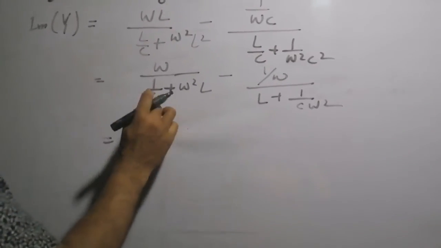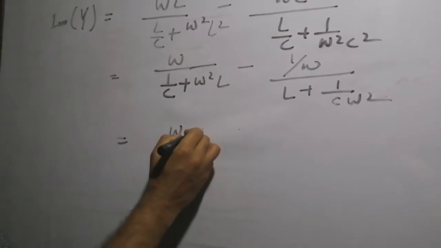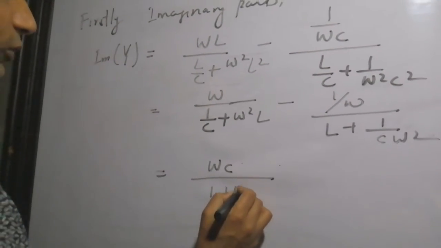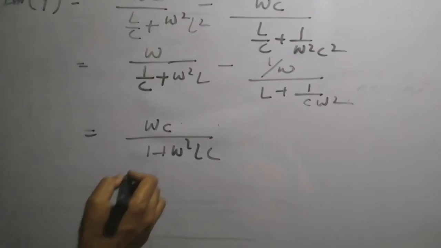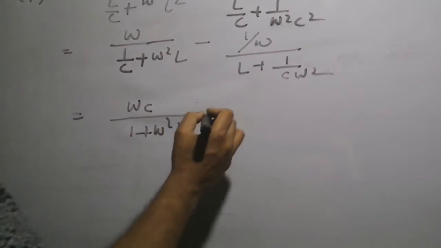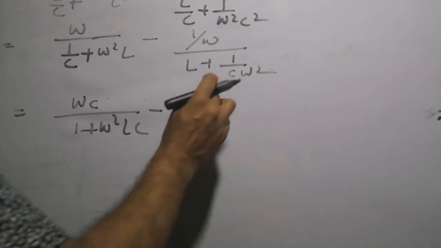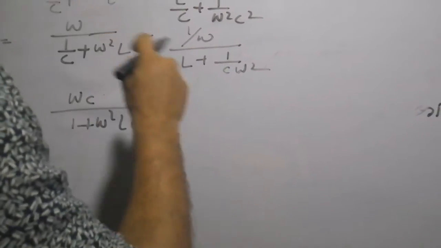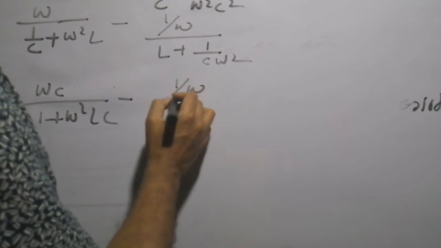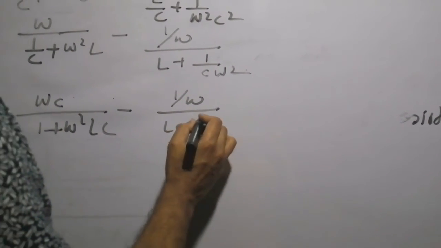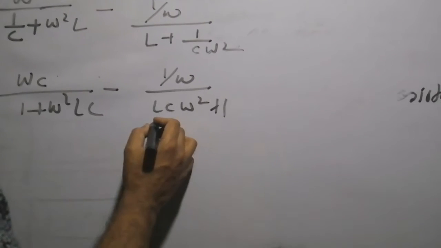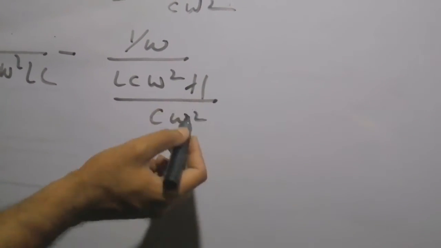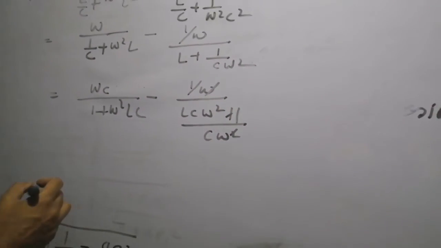After simplifying, the C goes, omega C upon 1 plus omega square LC, and here C omega square is the LCM, so here is 1 by omega upon LC omega square plus 1 and by C omega square. So this 1 omega, at least I can cut this.